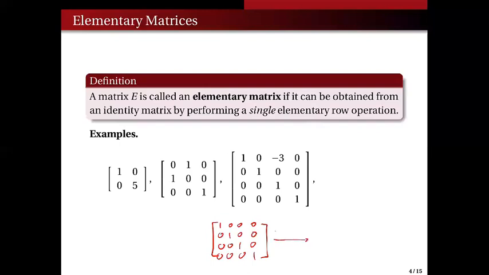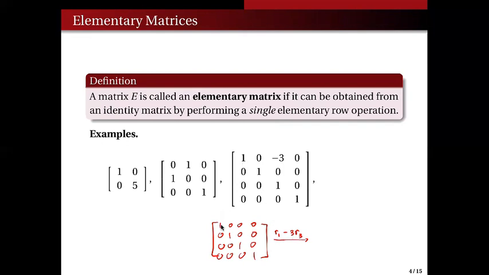We can apply the row operation, row 1 minus 3 times row 3. So rows 2, 3, 4 will not change. For row 1, you replace it with row 1 minus 3 times row 3.